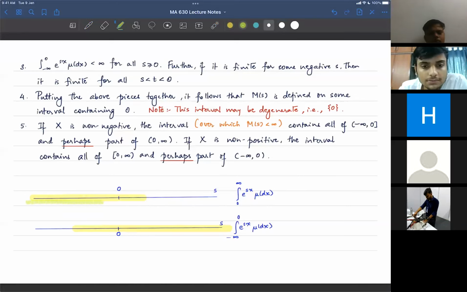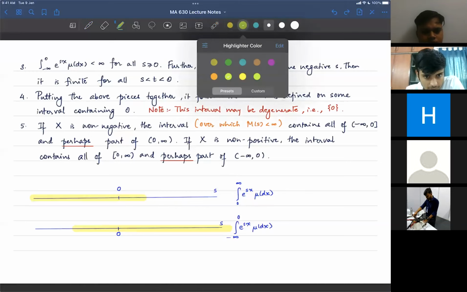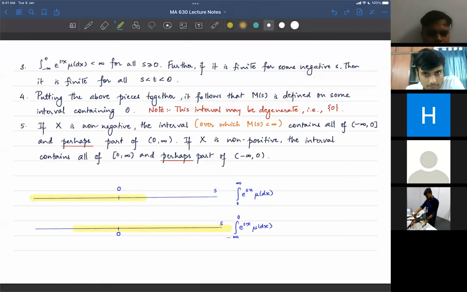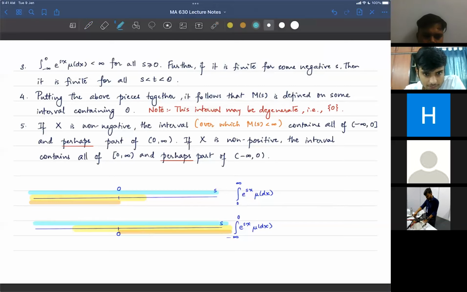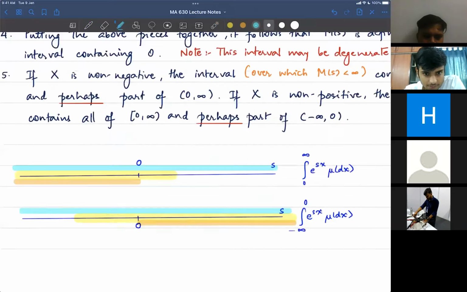Can you see the green here? Visible or no? Should I get a different color? Okay, is this picture visible now? Yes, okay.